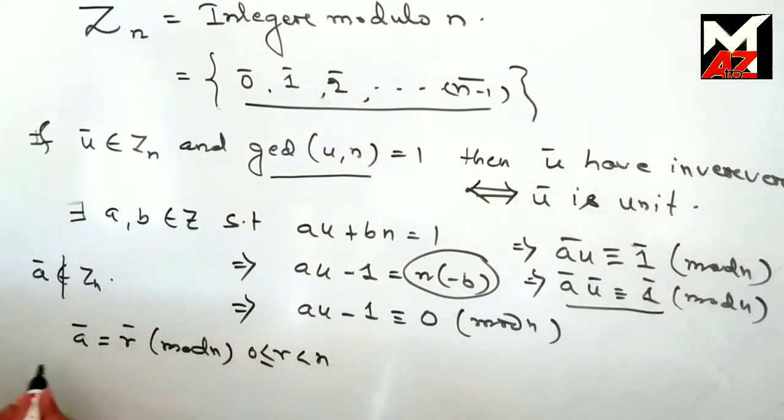Now from this relation we get ā into ū congruent to r̄ into ū mod n.